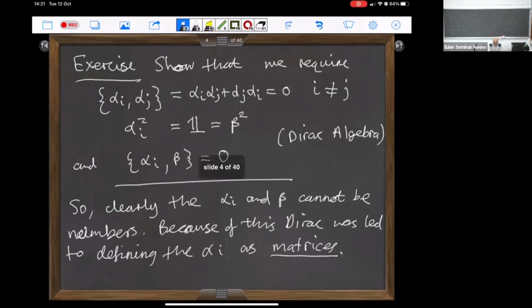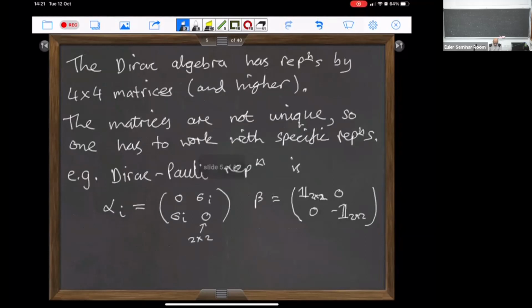So this algebra I'll call the Dirac algebra. It turns out that it has representations. The lowest dimensional representation is given by 4 by 4 matrices. The matrices themselves in a given representation are not unique, so one has to work with specific representations.